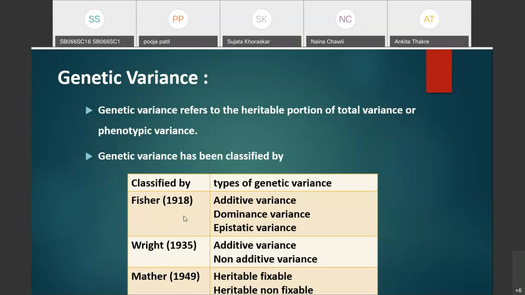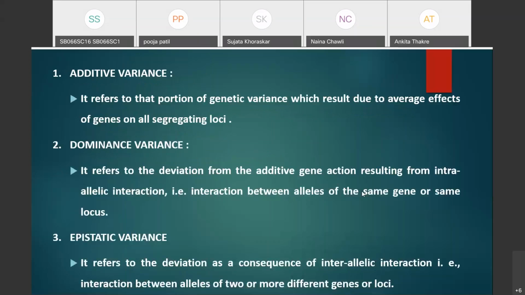We are discussing here the genetic variance, which is the heritable portion of the total variance, or the phenotypic variance. Here we are discussing the types of genetic variance. You can see these are three types of variance. First of all, the additive variance.